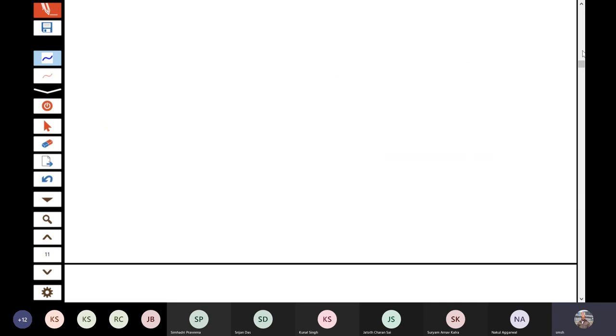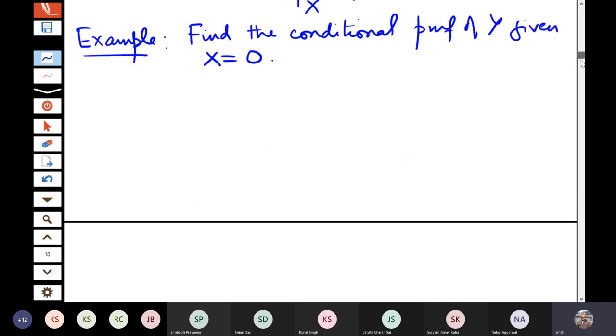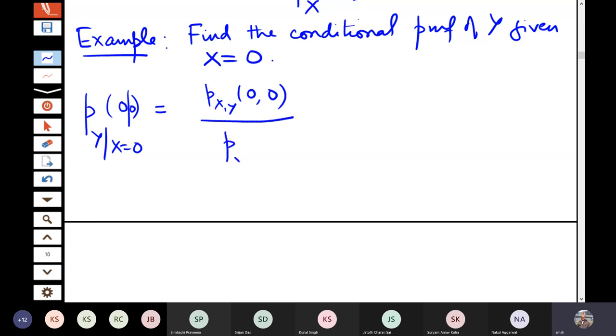If you want to find out this, then I have to consider, say for example, 0 given 0. So that is P_XY(0,0) divided by probability that x is equal to 0. So these values we have already calculated. It is 10 by 45 and this one was 28 by 45. So this becomes 10 by 28.